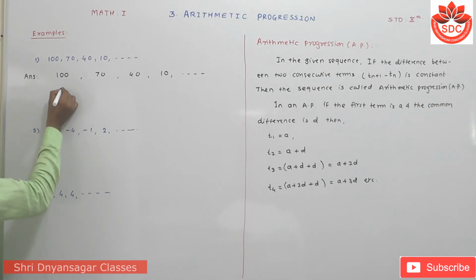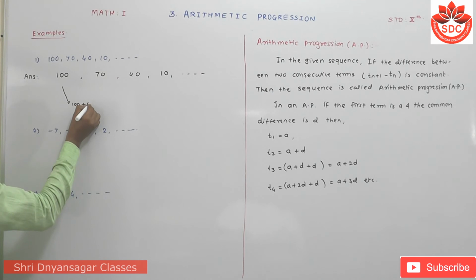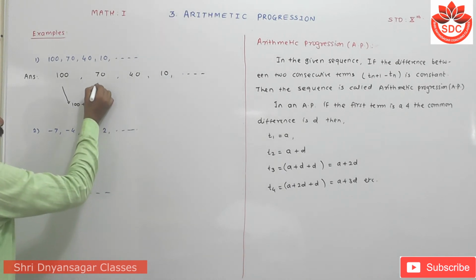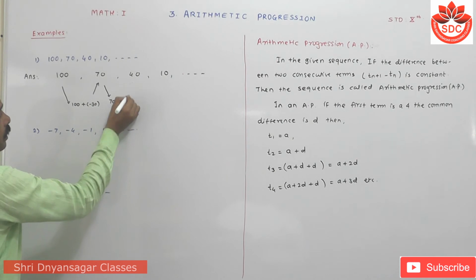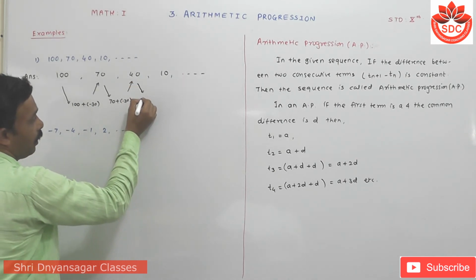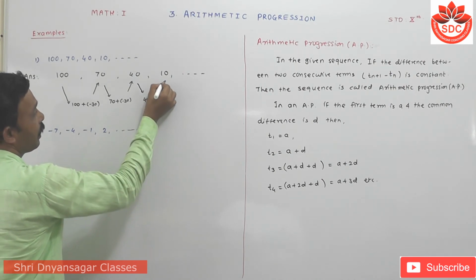Student, when we observe carefully, this is 100, and if you subtract 30, that is add minus 30, then it becomes 70. Then from this 70, if you add minus 30, we get 40. Then from this 40, if you add minus 30, we get 10.